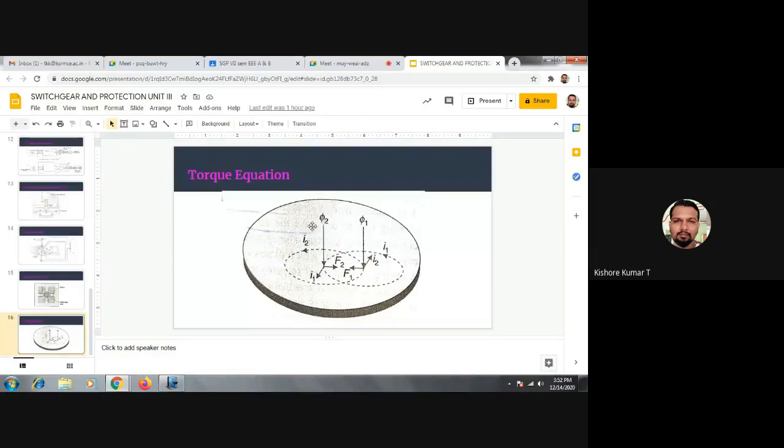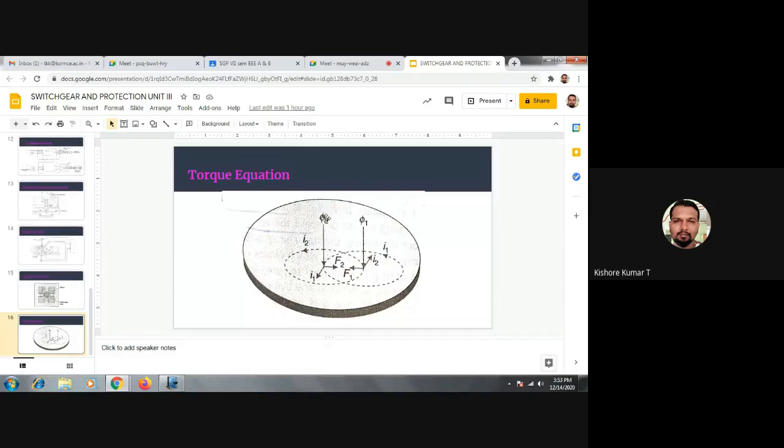Whenever flux phi2 interacts with the disk, an EMF is induced in the disk, due to which an eddy current flows. Since we are using an aluminum disk, the self-inductance is negligible. So this I2 is nothing but the eddy current set up on the disk due to the induced EMF of phi2.